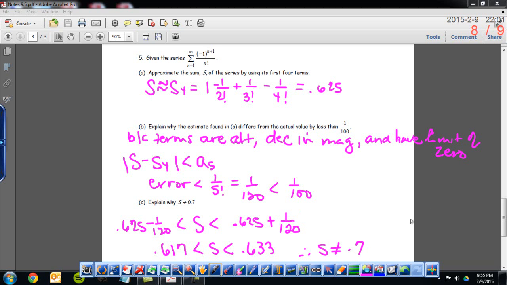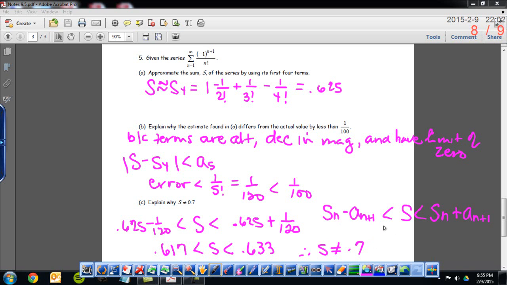If you really want a specific formula for that, then your actual sum is going to fall between the partial sum using n terms plus that next term, which would be the upper bound, and the sum of the first n terms minus your error, or that first neglected term, which would be the lower bound.